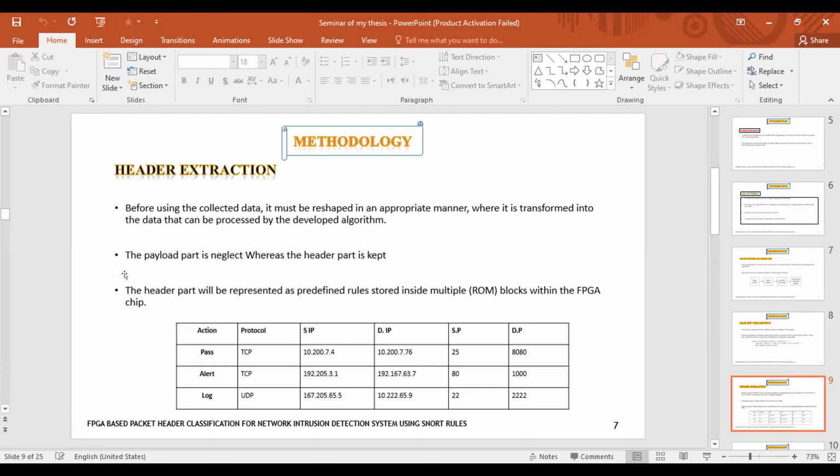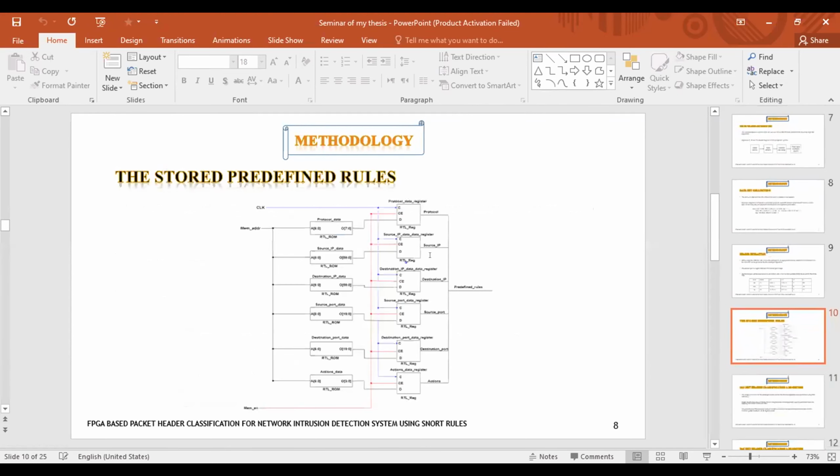We will not concentrate on the payload part, so it will be neglected. The header part will be represented as a predefined rule stored inside a memory block within the FPGA chip. This table shows the dataset that we used in our algorithm.